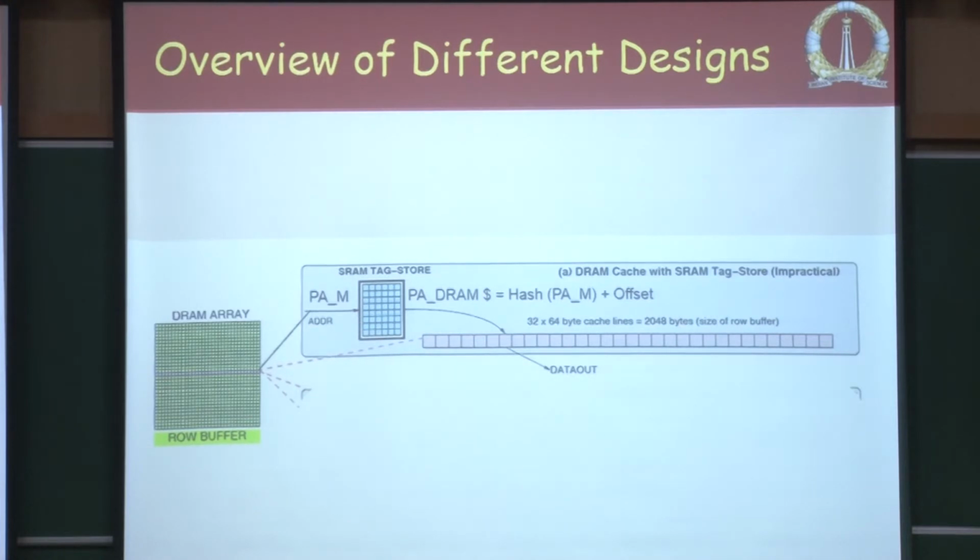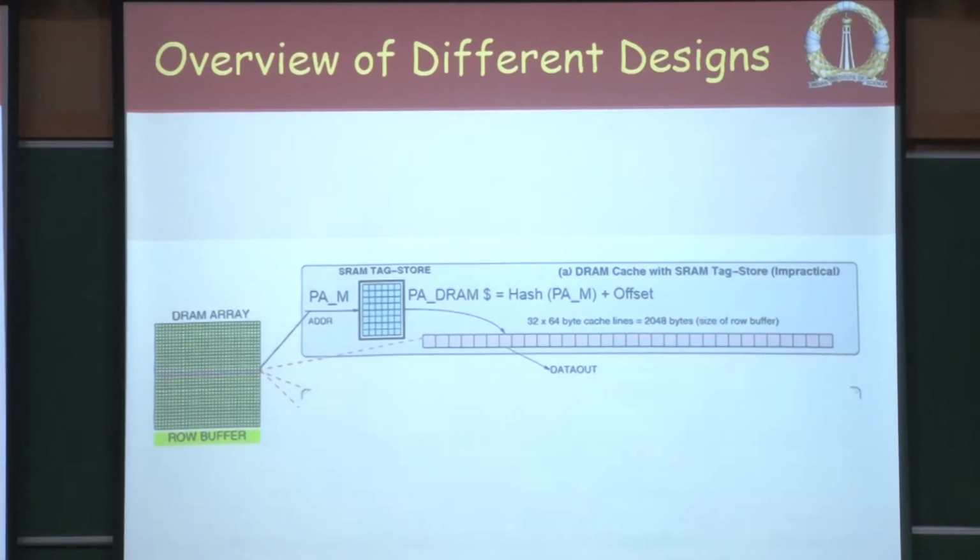And if it is available, in what way it is available. It is available in way 0, way 1, way 2, way 30, whatever it is, it is going to tell you that, correct. And let us say if it is available in way 30, then you have to go and access the data from way 30 and then get the data out. This is what you normally do in any cache.